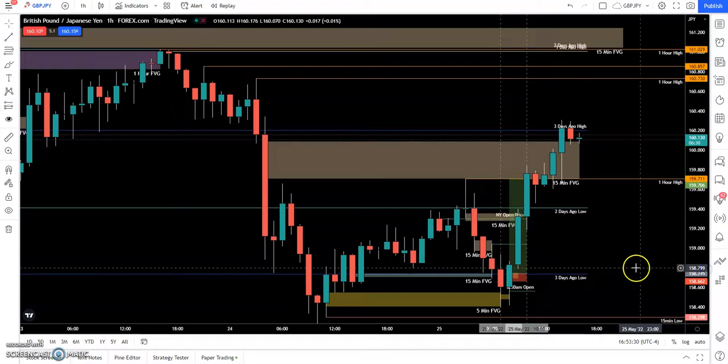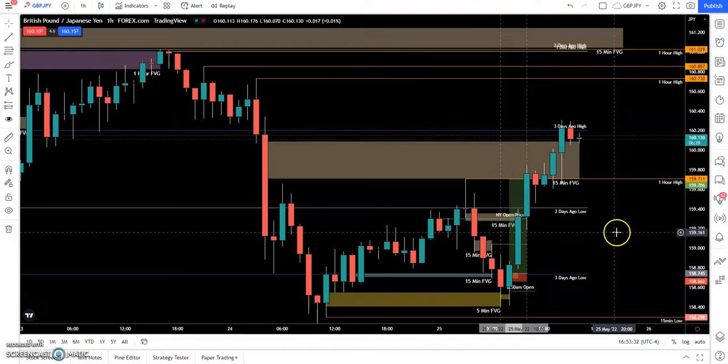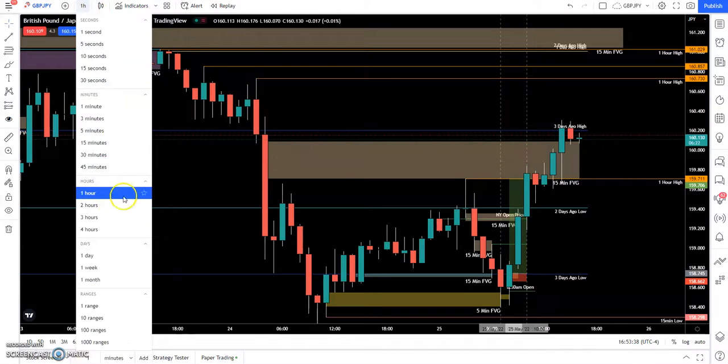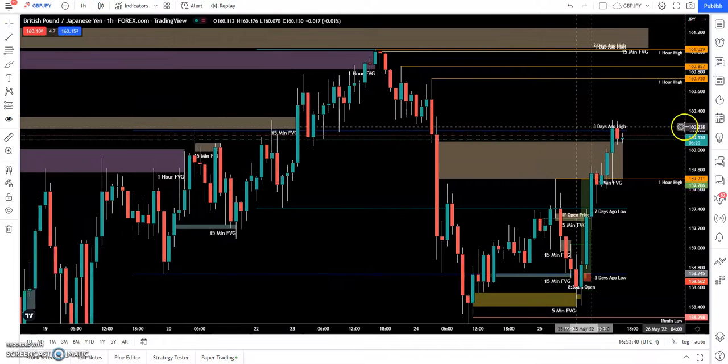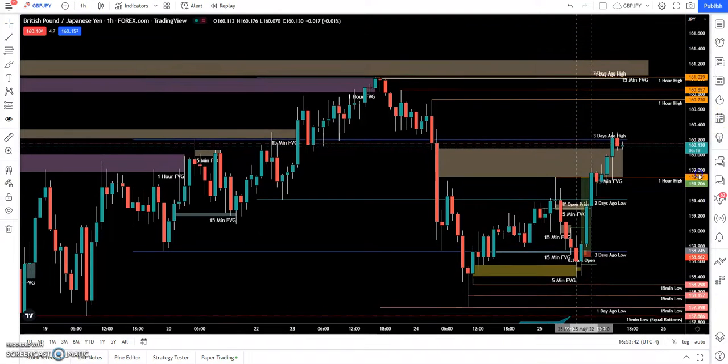So I'm thinking the markets, so again, it's funny this one, because we have a fair value gap up here. We also have a 1-day high up here. We also have a 2-day high up here. And then we've also got these highs going up into this fair value gap.